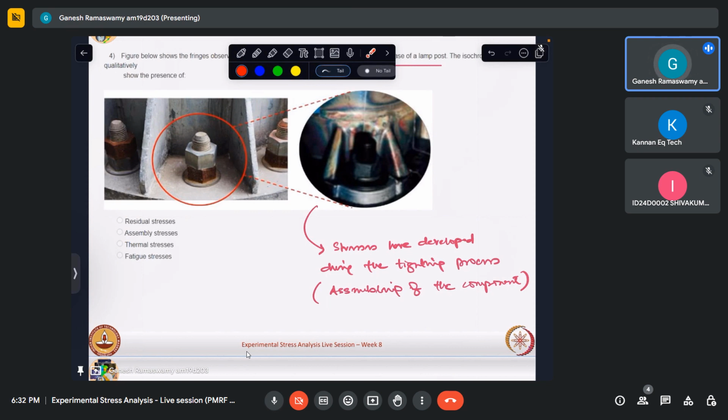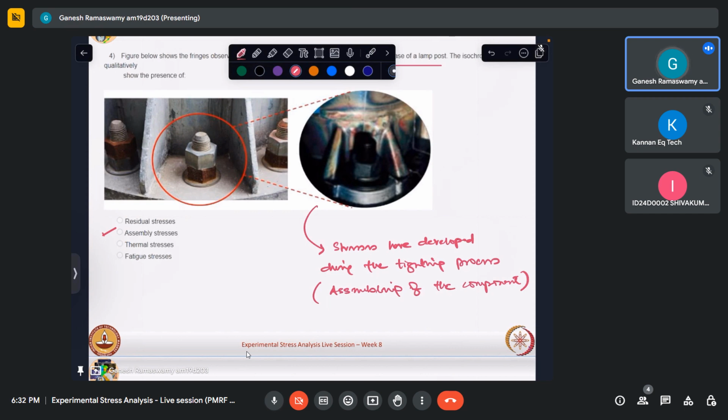And this happens to be the technique which can actually measure the assembly stresses. So these are the assembly stresses. Residual stresses are generally introduced due to some imperfections or perhaps misfits, things like that. As for thermal stresses, we have applied this coating on the external surface.